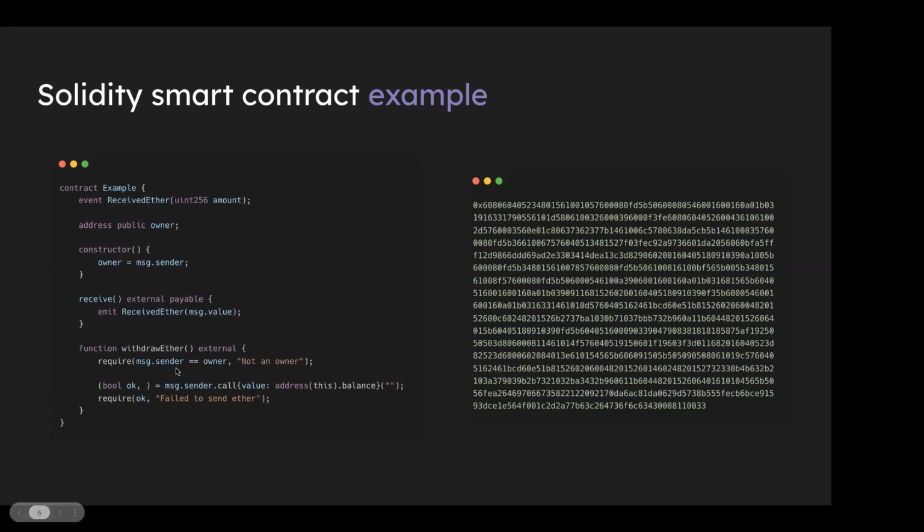And we require this caller to be an owner of the contract. And if this statement is false, the execution is reverted, and everything that happened inside this transaction will be reverted.